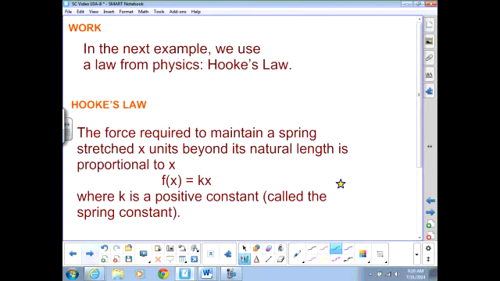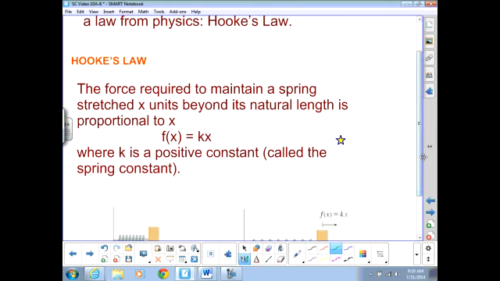So now we're going to look at Hooke's law. Hooke's law deals with springs, and what Hooke's law says is your force, F of x, is equal to some constant k times x, where x is the distance beyond the natural length that the spring is stretched. So every spring has some natural length.